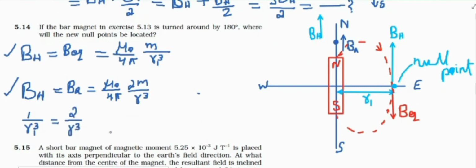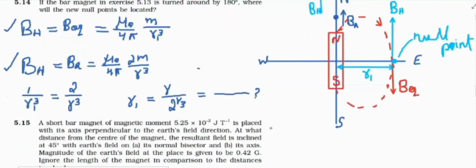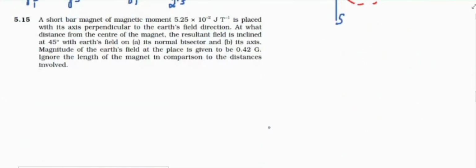Remember, R is 14 centimeter. From that, you will get R1 is equal to R divided by 2 raised to 1 by 3. You have to take the cube root so that you get the value of R1. Now, next, question 15.